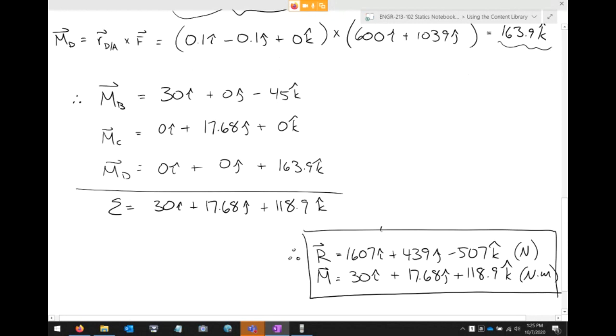So I can take that system that has all those different forces on it, and represent it with one force vector and one moment vector. Makes it a lot easier to manage.